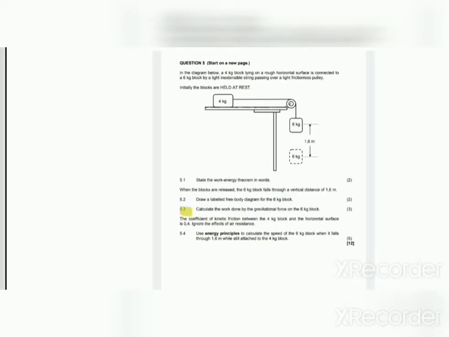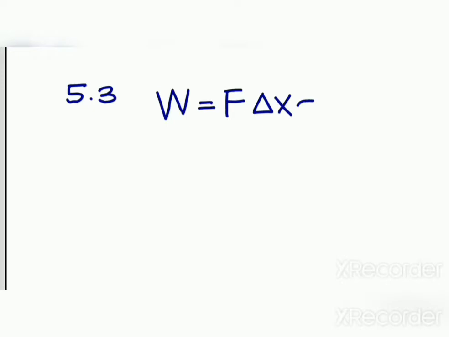5.3, we want to calculate the work done by the gravitational force on the 6 kilogram block. Now we know that work is calculated by force times delta x times cos of theta. Our force here is the weight force.